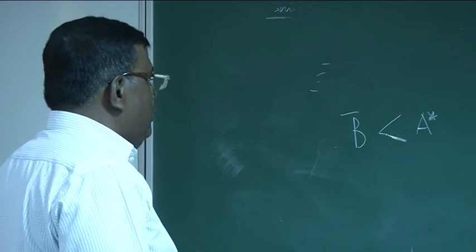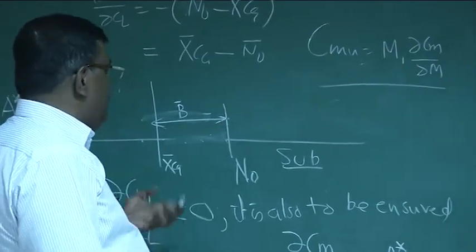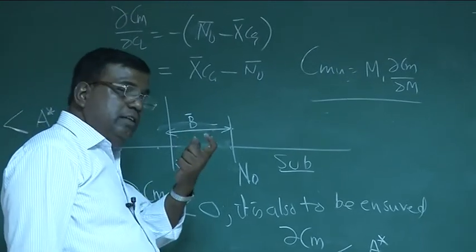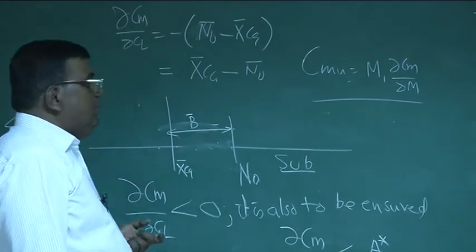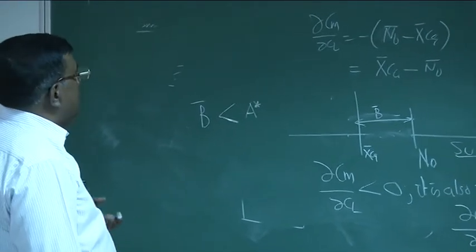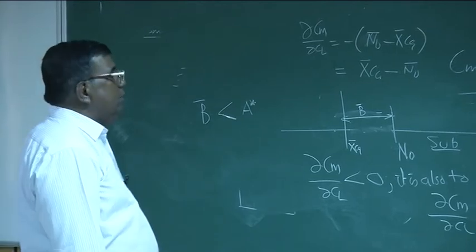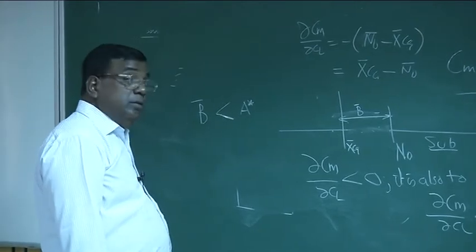Okay? So this is clear. In a nutshell, CMU plays an important role which restricts the stability margin to ensure it is also dynamically stable. And this we have derived from the condition that E is greater than 0, which is a condition for dynamic stability through the Routh criteria.